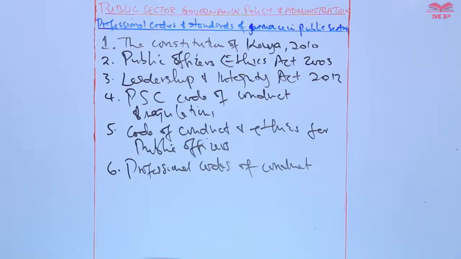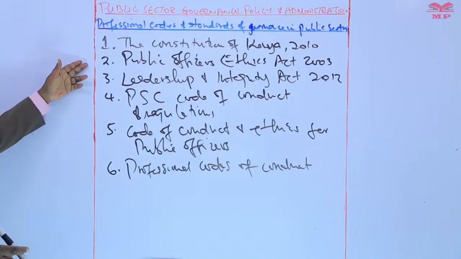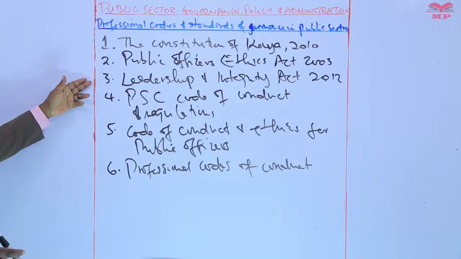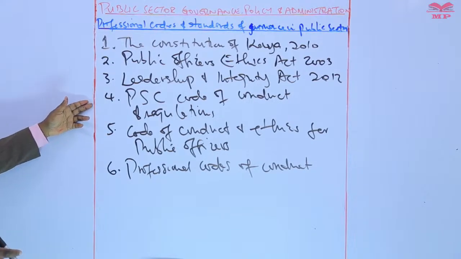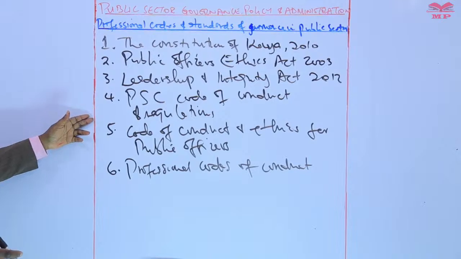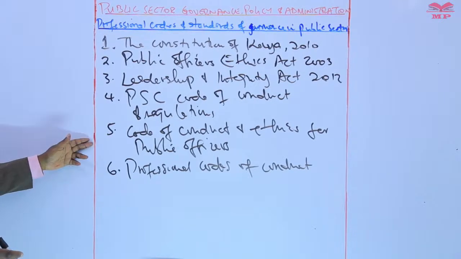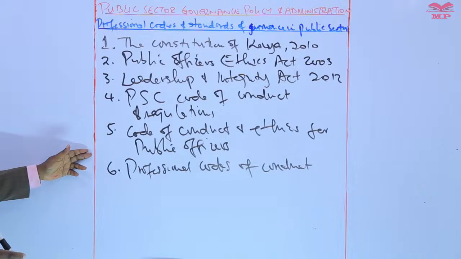We've outlined some of the professional codes and standards of governance in the public sector, beginning with the Constitution, the Public Officers Ethics Act, the Leadership and Integrity Act, the Public Service Commission Code of Regulations. 5 is the Code of Conduct and Ethics for Public Officers that is developed by the Anti-Corruption Commission.